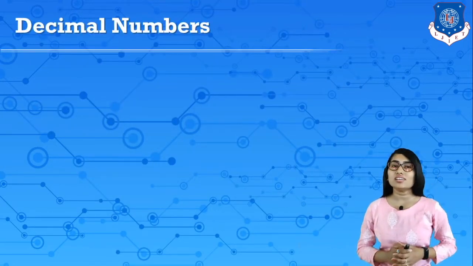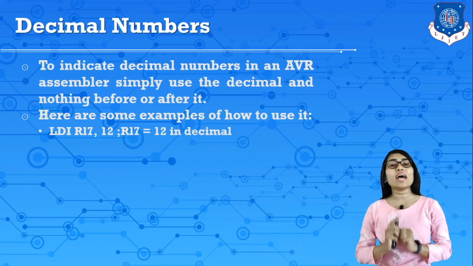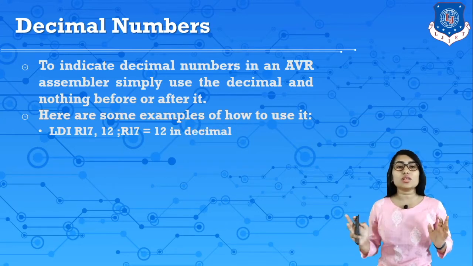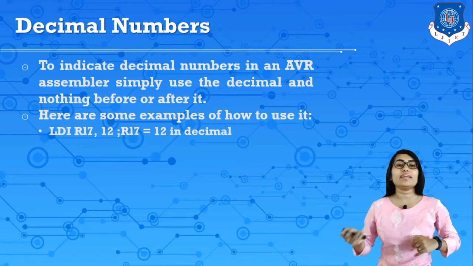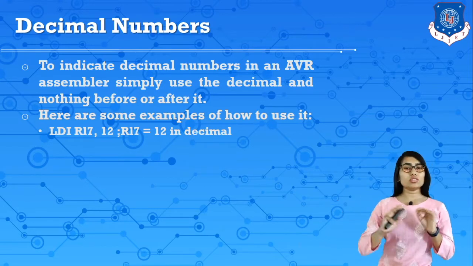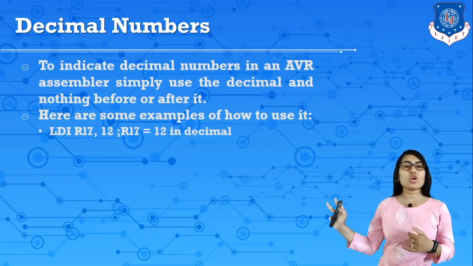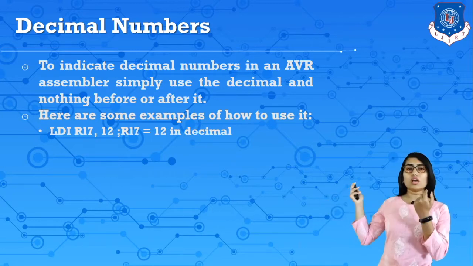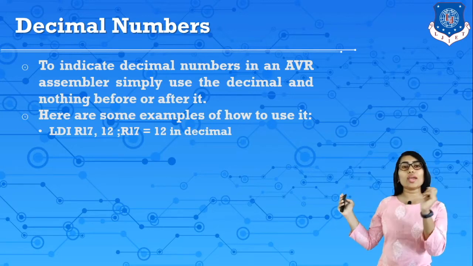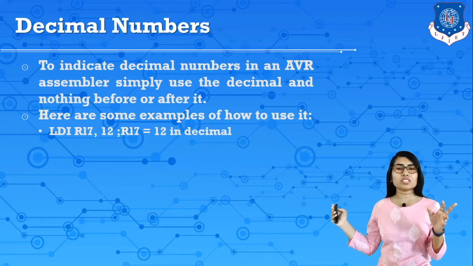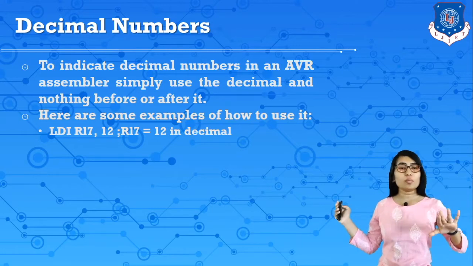Then next is the decimal number. To indicate a decimal number in the AVR assembler, simply use the decimal number with nothing before it and after it. We can write a decimal number directly like this: LDI R17, 12. There are no letters, special punctuation, or any words or numbers before it.